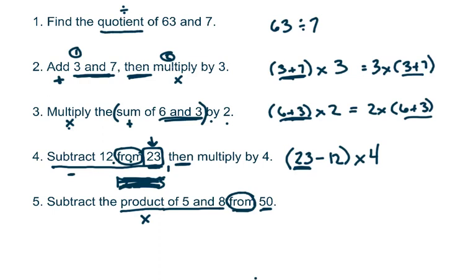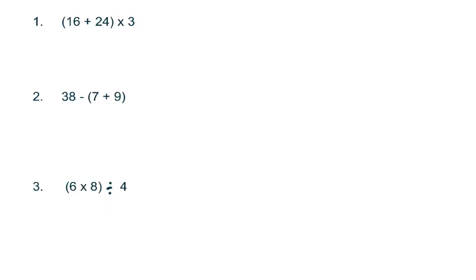Whenever you see that word from, that means you're starting with this number that comes right after it. So I'm actually starting with 50. What am I doing? I'm subtracting from 50 the product of 5 and 8.